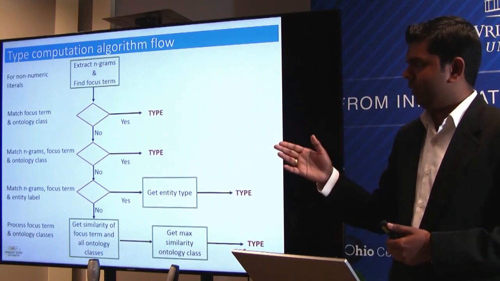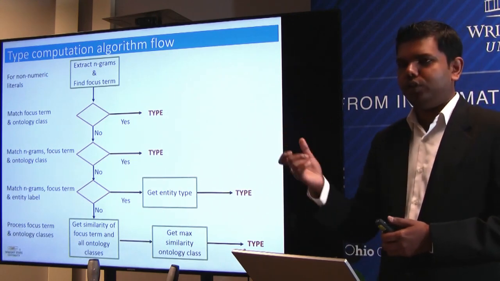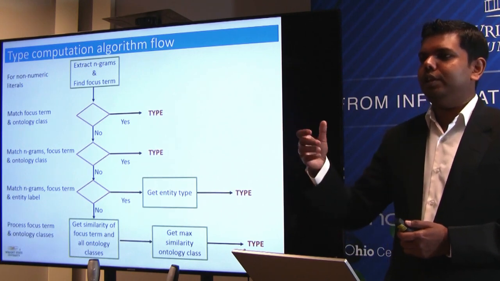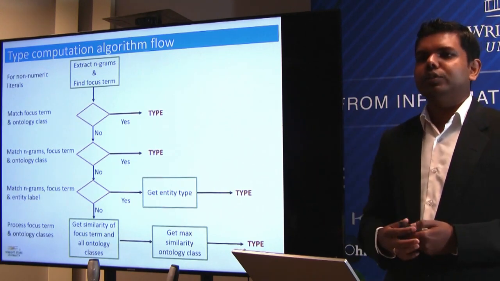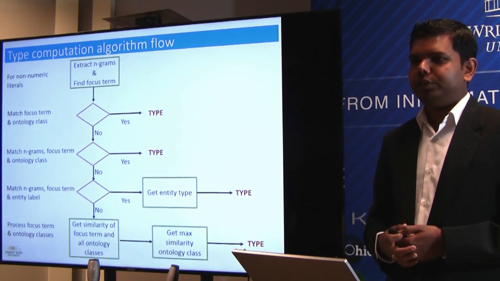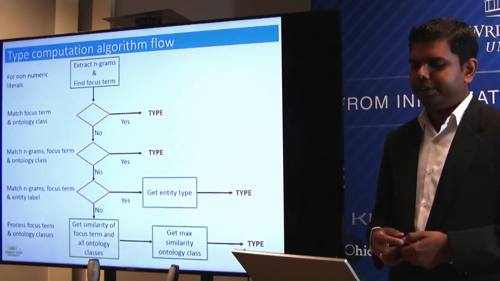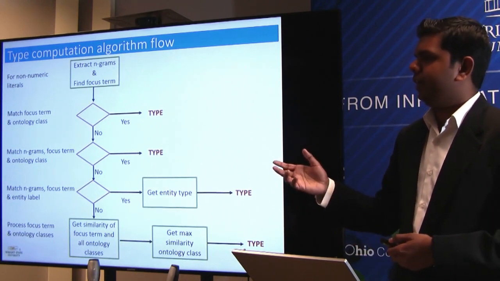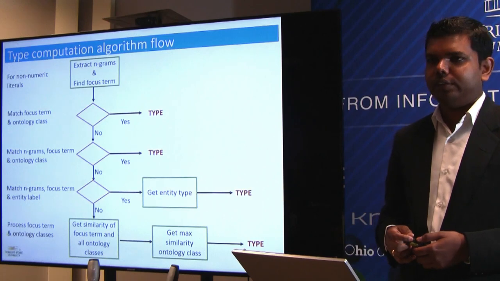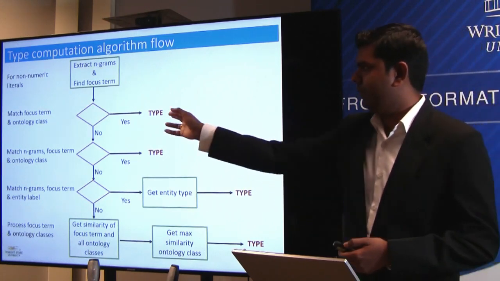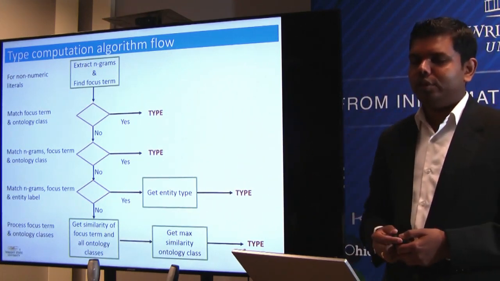In each condition, first it checks whether the focus term, which we identify using natural language processing techniques, focus term detection, directly matches an ontology class. If it does, then we directly have the type and we have solved our problem.